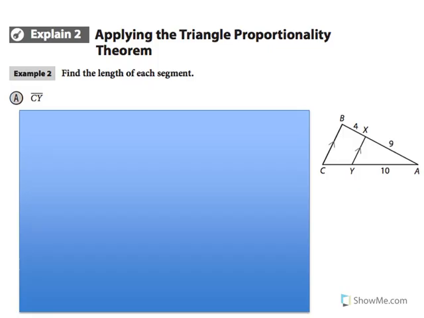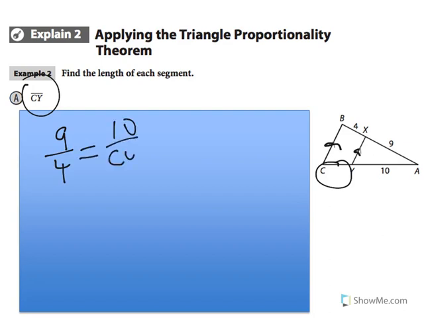So then let's use the theorem. Find the length of each segment. Here we're looking for the length from C to Y. These two are parallel, so we can use proportion. So we can say that 9 over 4 is equal to 10 over CY.